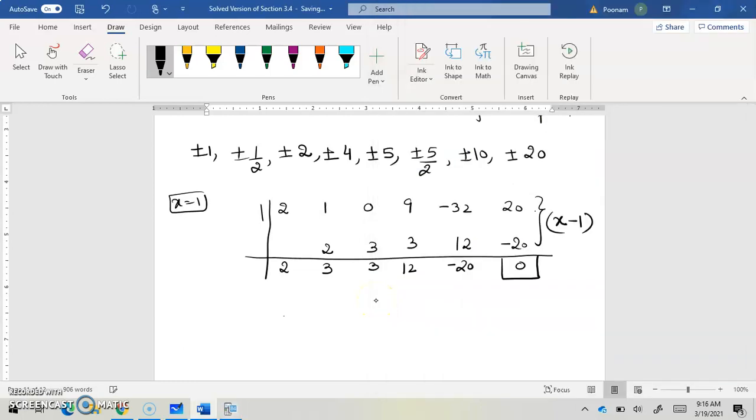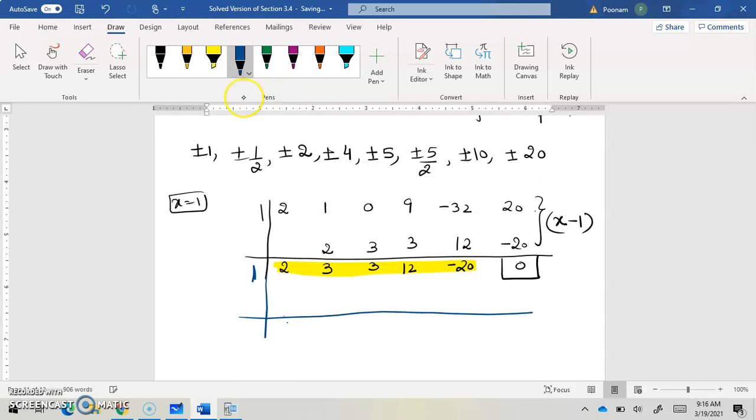So I'm going to check 1 again with the quotients. I'll use these quotients as the coefficients of my polynomial, write 1 here and try my division again.